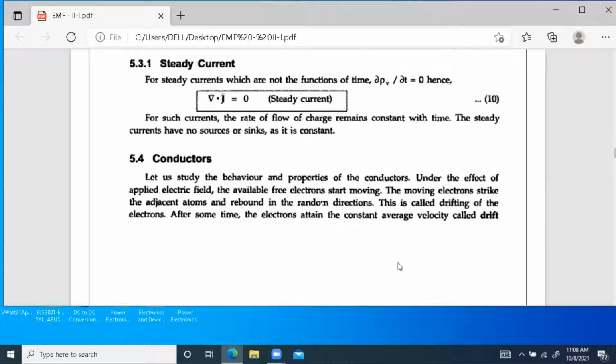The current is due to the difference in potential and the available free electrons. So once we have a potential difference, free electrons start moving.